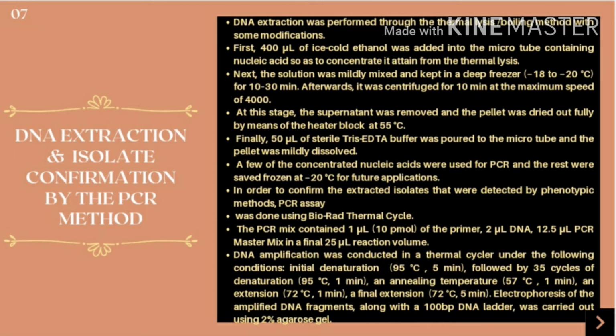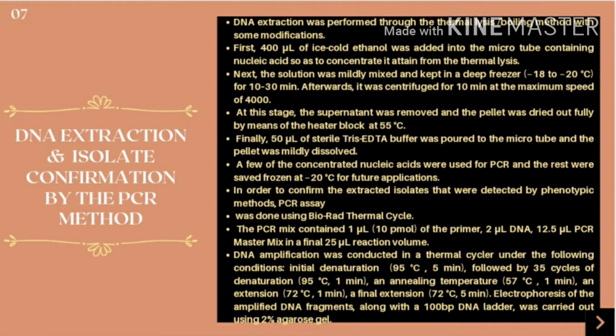DNA amplification was conducted in a thermal cycler under the following conditions: initial denaturation at 95 degrees Celsius for 5 minutes, followed by 35 cycles of denaturation at 95 degrees Celsius for 1 minute, annealing temperature at 57 degrees Celsius for 1 minute, and extension at 73 degrees Celsius for 1 minute, and a final extension at 72 degrees Celsius for 5 minutes.